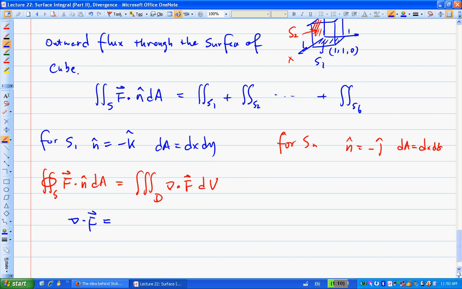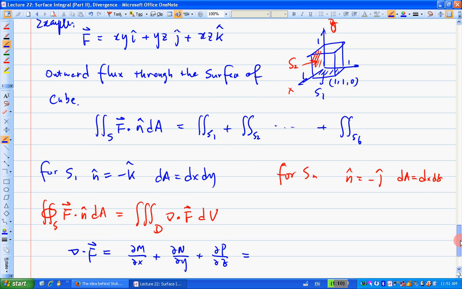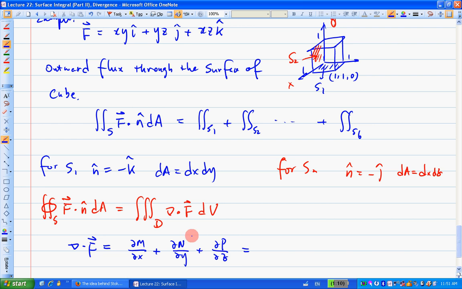Del dot F is partial m over partial x, partial n over partial y, partial p over partial z. So for this question, your m is xy, your n is yz, your p is xz.